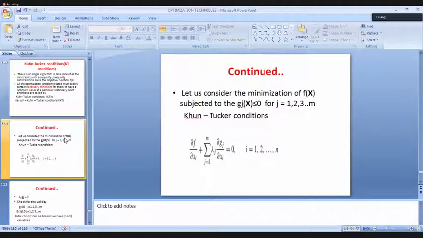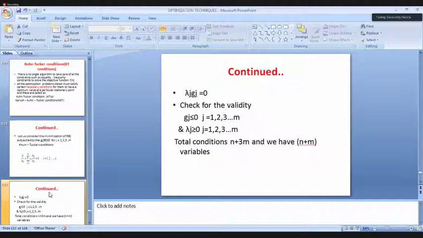Assuming you have taken this for the first slide, I'm moving further. The second condition is lambda j gj should be equal to 0. Lambda suffix j into g suffix j should be equated to 0. You now have 2 conditions.